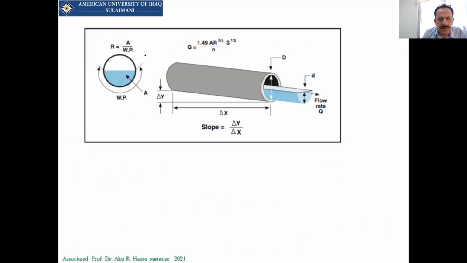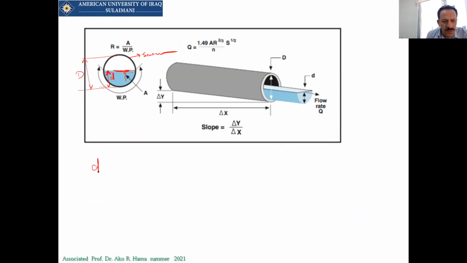And here's what I mean by the wetted. So if you have a sewer, and this is the cross section of this pipe, you can see that the flow will be here. So this is called the depth of the flow. This is small d, and there is a capital D, which is the diameter of the pipe.